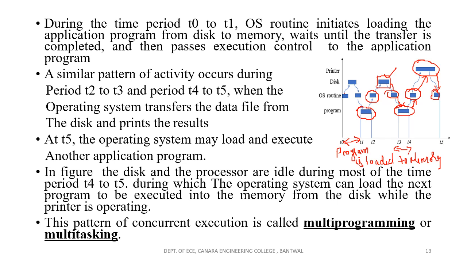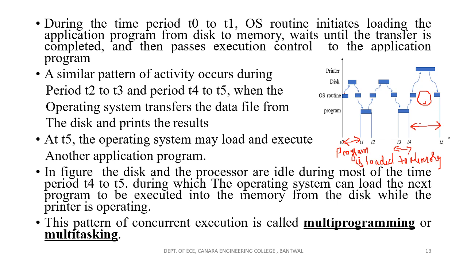If you clearly visualize this process flow, at one stage you see that the processor as well as the programs are idle. In between T4 to T5, the processor is idle.